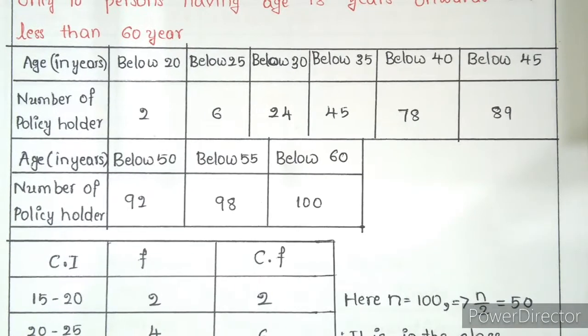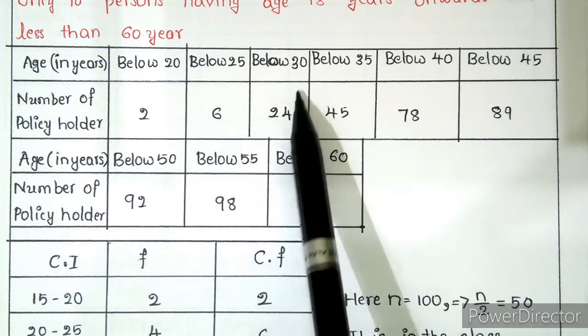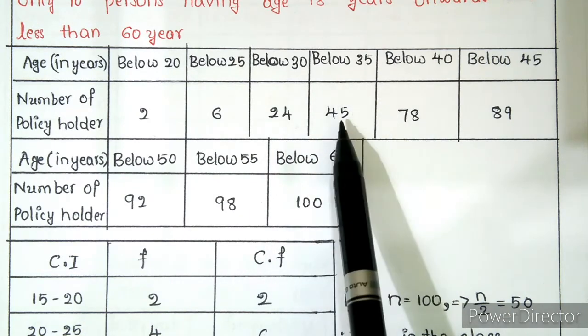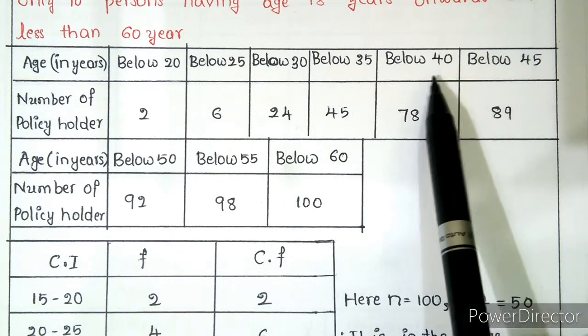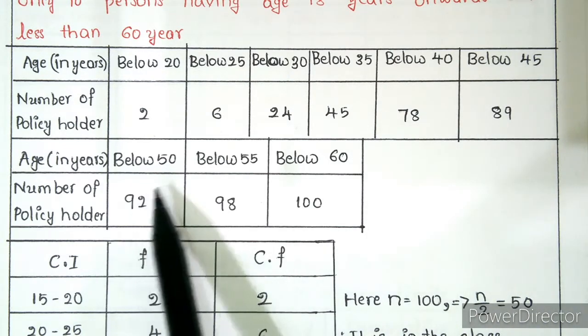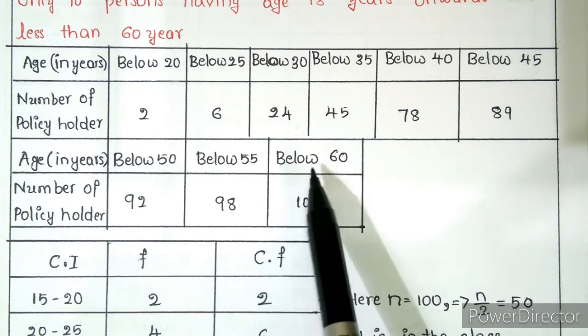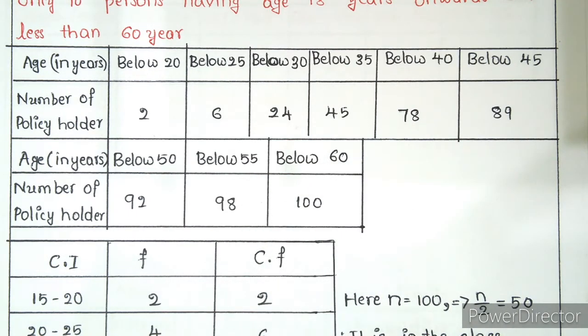Age below 20, below 25, below 30, below 35, below 40, below 45, below 50, below 55, below 60. The number of policy holders: below 20 you have 2, below 25 it is 6, below 30 it is 24, below 35 it is 45, below 40 you have 78, below 45 you have 89, below 50 you have 92, below 55 it is 98, and below 60 you have 100.